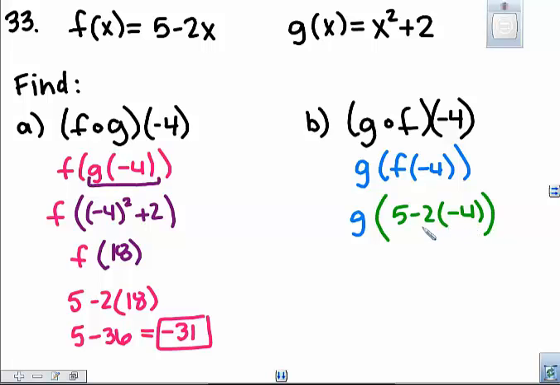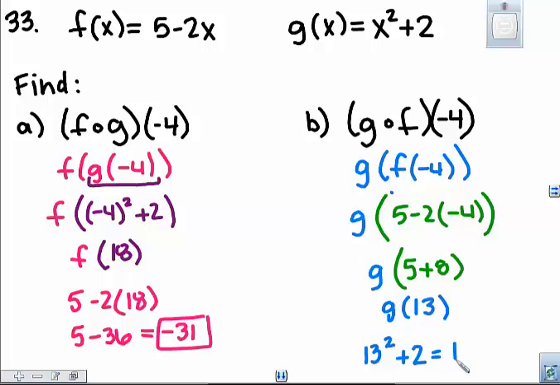So 5 and then -2 times -4 is +8, which gives 13. So if we plug 13 into the g function, we have 13 squared plus 2, which is 169 plus 2, which is 171.